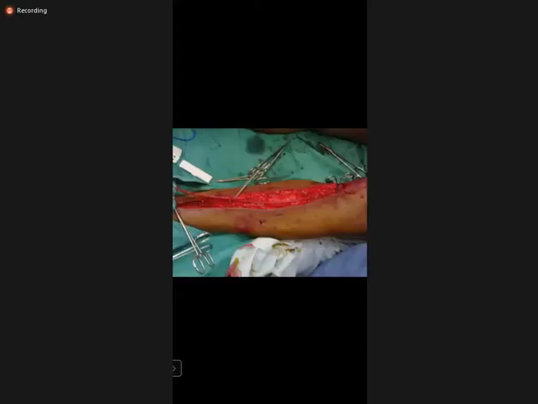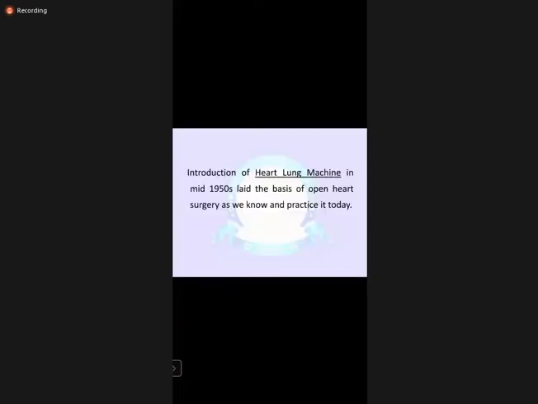As we already discussed, this is the harvesting of the saphenous vein graft for bypass surgery. This is the harvesting of the radial artery graft, which we also use for bypass surgery.